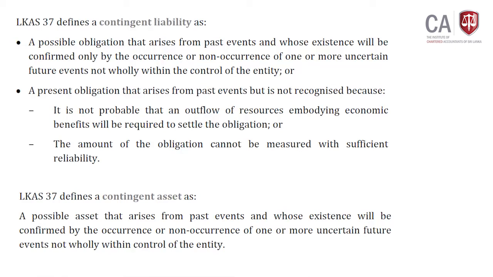If it is virtually certain, yes, you will recognize that as an asset. If it is not virtually certain, why is it not virtually certain? The receivable depends on the occurrence or non-occurrence of many activities, and it is not within the control of the entity. If it is not within the control of the entity, anyway, you can't recognize an asset. Why? Because the definition of an asset says it should be controlled by the entity, right?